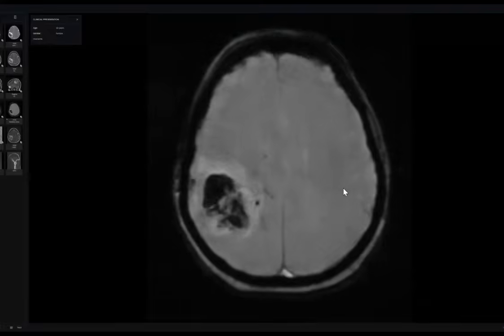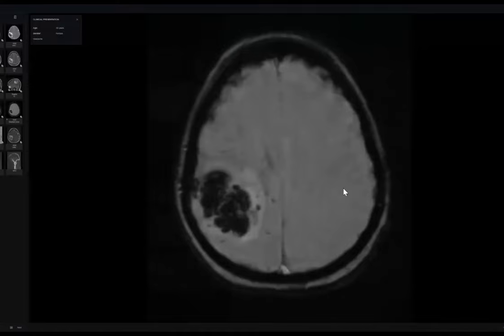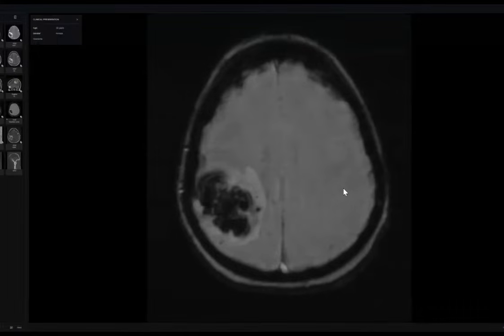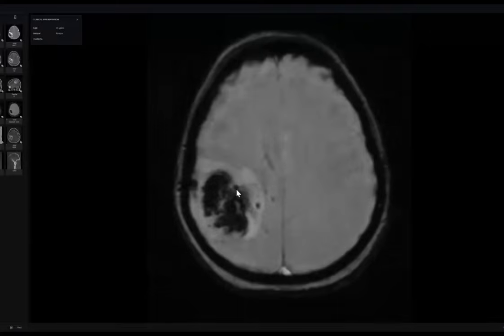Yes, the hemosiderin causes signal loss because it completely disturbs the magnetic field. Why? Because it is paramagnetic, sorry, ferromagnetic. So the ferromagnetic is very dark. The paramagnetic is something like gadolinium.